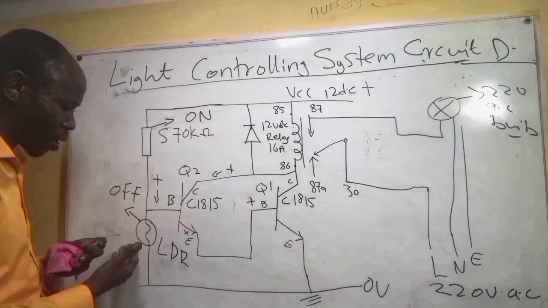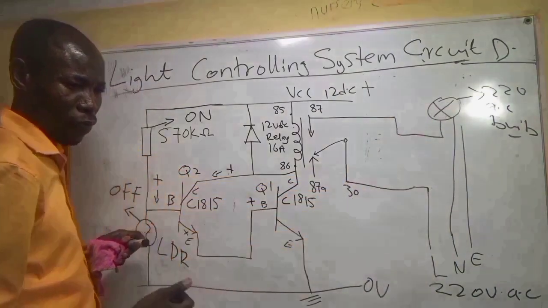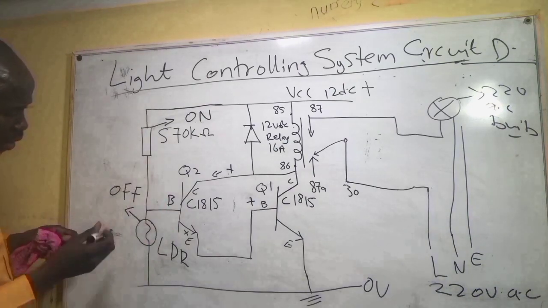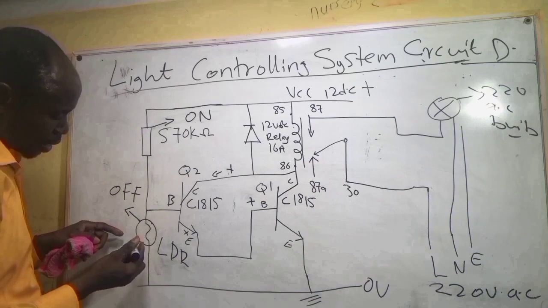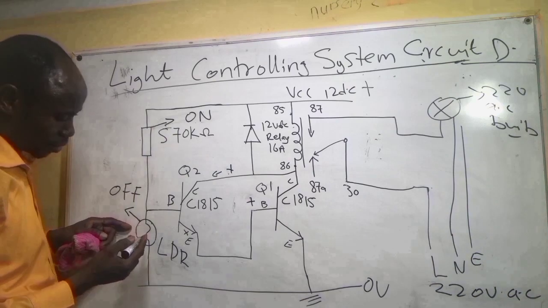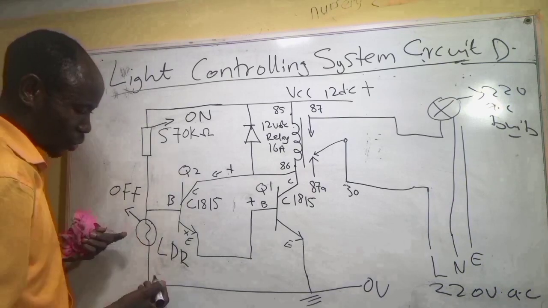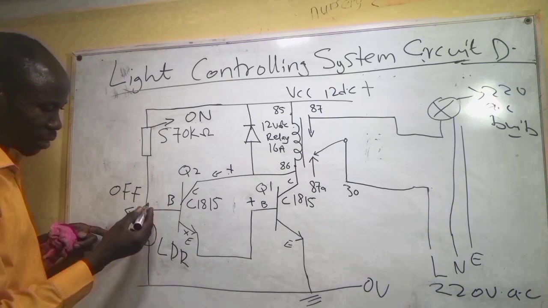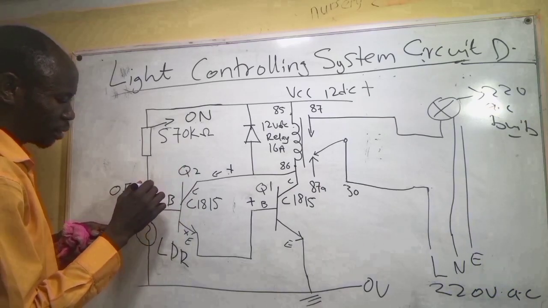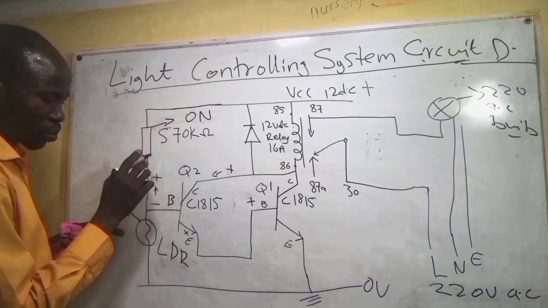Let's see how the LDR causes the load to go off. You see, at daytime, the light strikes on this LDR, and it will start conducting, because when light strikes an LDR it starts conducting. So it will conduct the negative to the base of Q2, and repel this positive from the 570 kilo ohms.